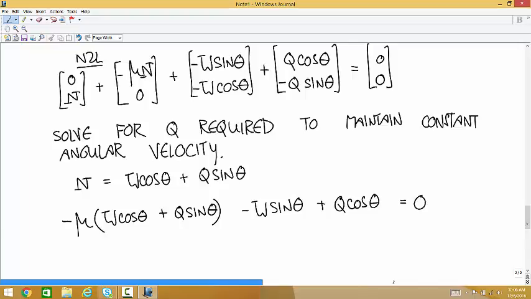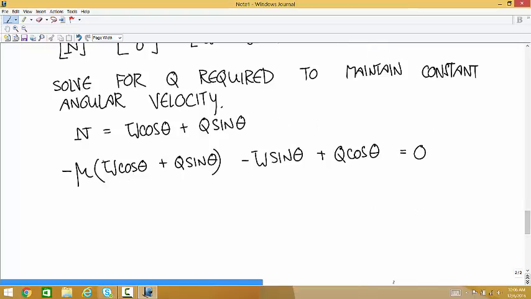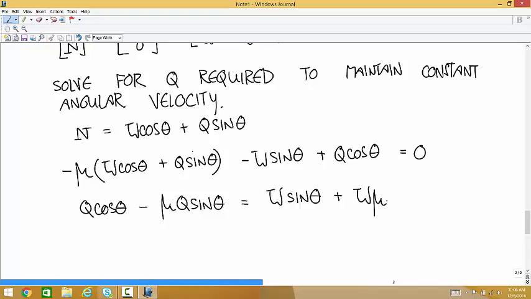And I'm going to keep all the Q's on the left side, move all the W's to the other side. So we have Q cosine theta minus mu Q sine theta is equal to W sine theta plus W mu cosine theta.